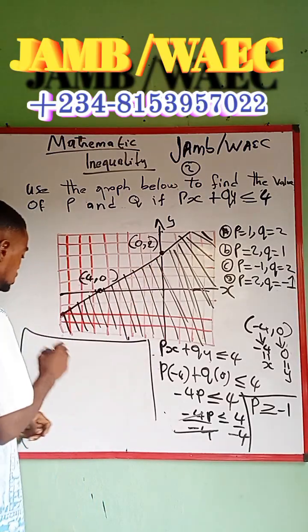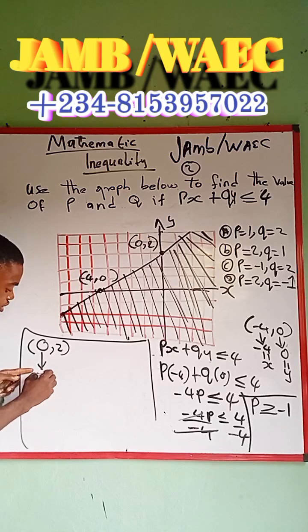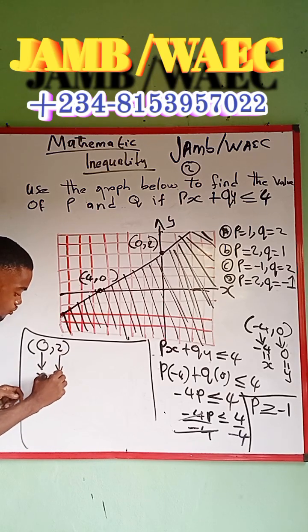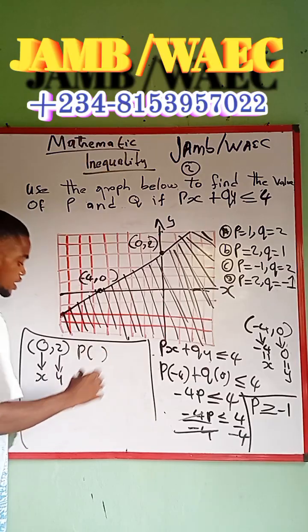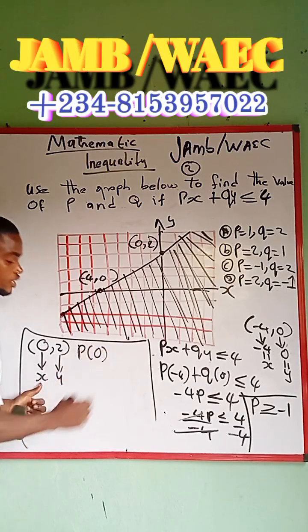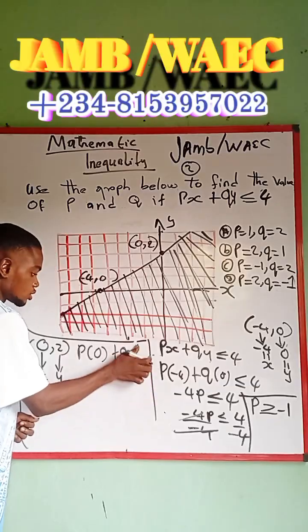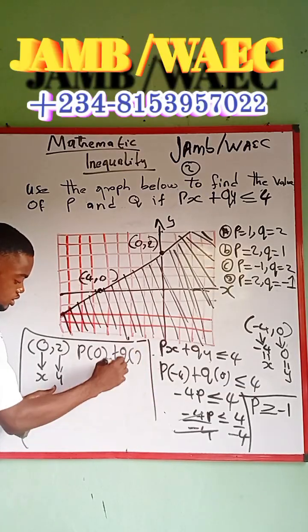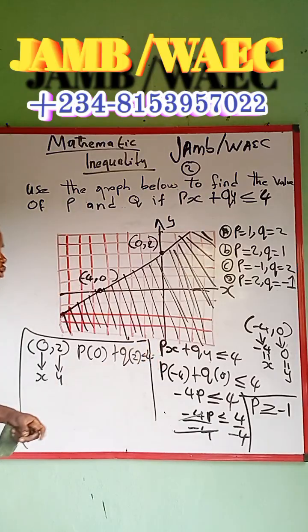Now there are 2 points of intersection, which is this other one. Now we have to use it. We have 0, 2. Remember that the first value represents X, the second value represents Y. So this same expression, P multiplied by X, is now going to be multiplied by 0, and then plus Q multiplied by Y is now going to become multiplied by 2, and this is less than or equal to 4.